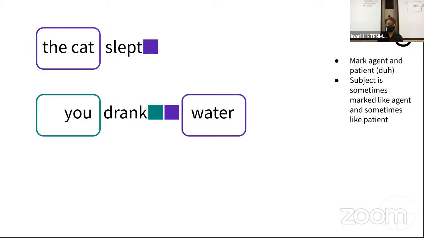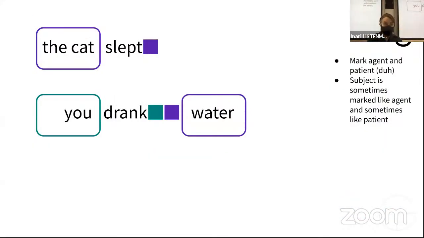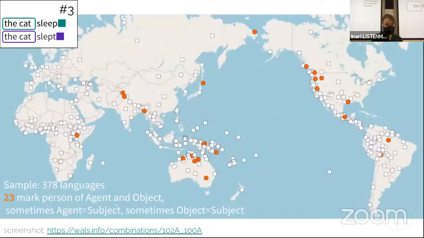Is it positive or negative? Well, I have this category polarity, and I can just make a parameter of that. So that is not a problem at all. So in this sample, 23 have some strategy like this.